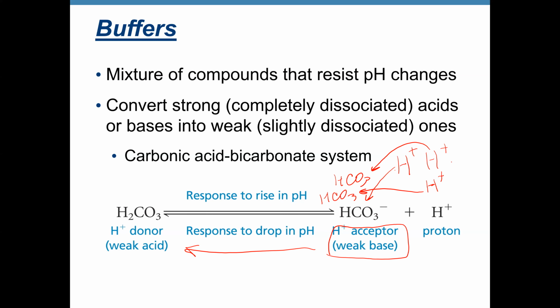So then the concentration of hydrogen ions will go down because you don't have free floating hydrogen ions. You're attaching them to this bicarbonate, forming carbonic acid, and you decrease the acidity. Does that make sense? Now, if your blood became alkaline, then this carbonic acid dissociates and increases the concentration of hydrogen ions, right? So that's how this buffer works.